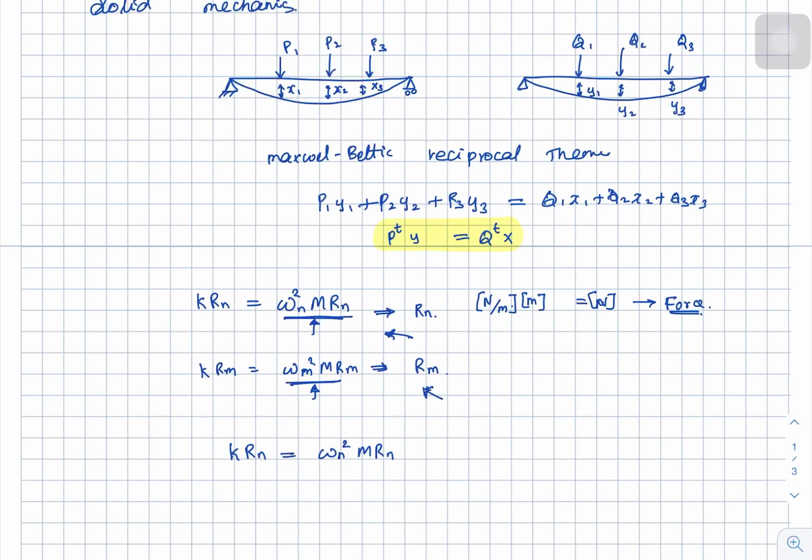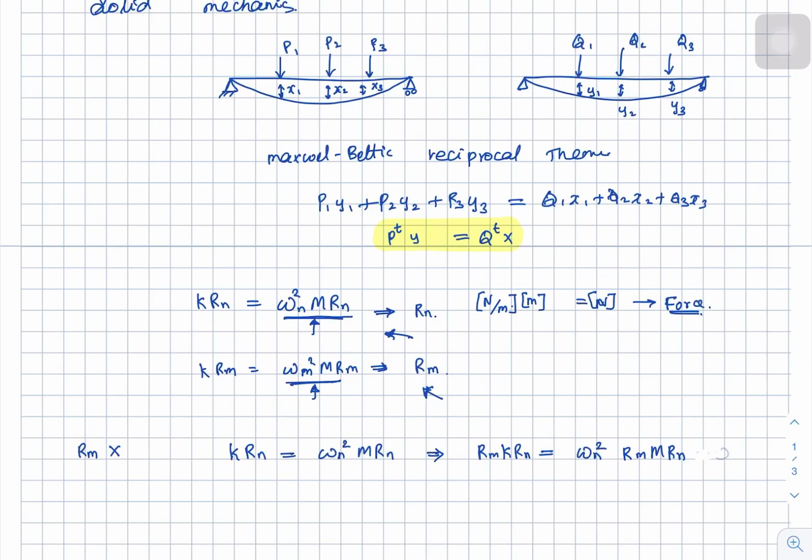So I pre-multiply by r_m transpose, and I get r_m transpose K r_n equal to omega n square, which is constant so it comes outside, times r_m transpose M r_n equal to 0.